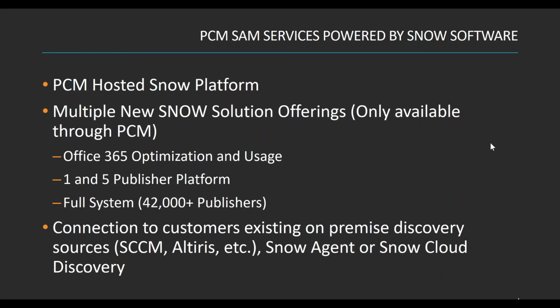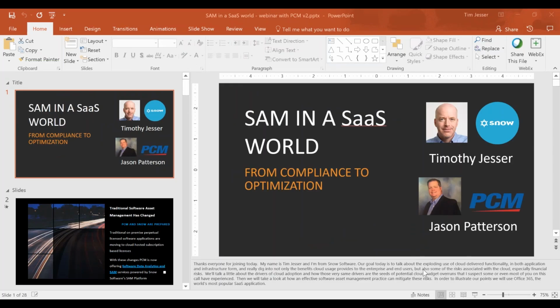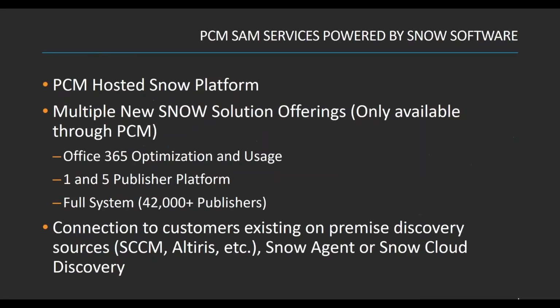And I said at the beginning, we've got some offerings that are only available through PCM in North America, including the ability to use that Snow platform for just Office 365. It's the world's most prevalent SaaS application. We're seeing tremendous traction of that across all organizations that we're working with, and getting to the right sizing. We've got some great customer testimonials, helping customers through this.